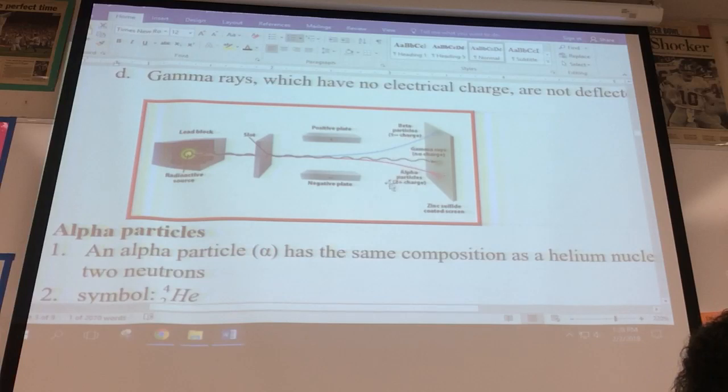On the flip side, the alpha particles move toward the negative plate, so they have what type of charge? Positive. The gamma rays go straight through. They're not deflected in either direction, so they have no charge. They're neutral. Also of interest, the beta particles are deflected more than the alpha particles.